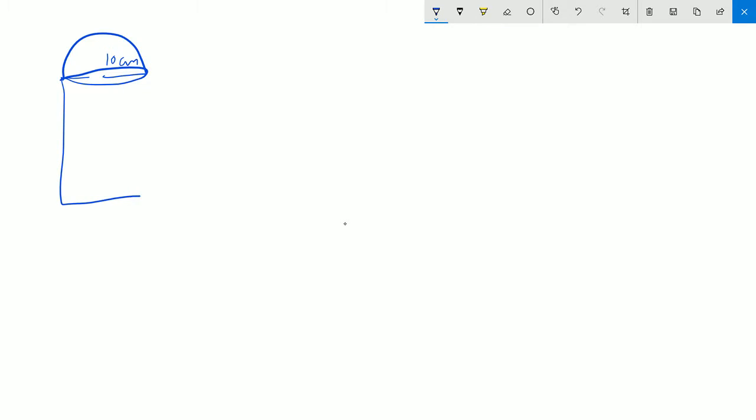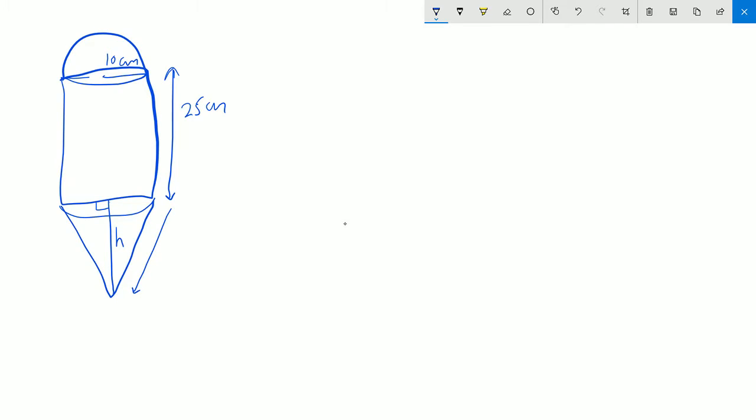We have a cylinder which has a height of 25 centimeters, and we have a cone at the bottom which has a height, perpendicular height h, and a slanting height to be 22.36 centimeters.